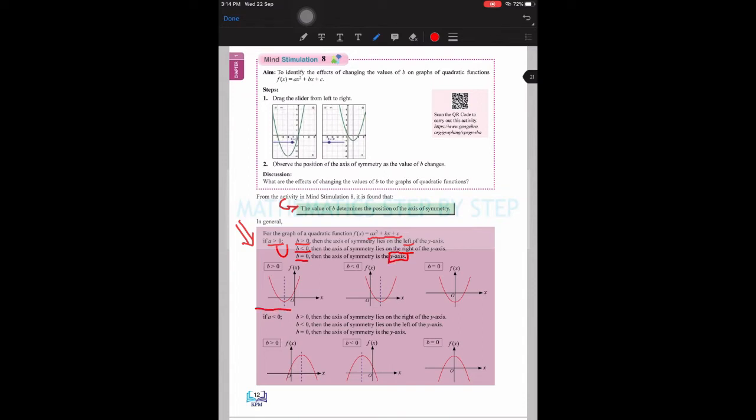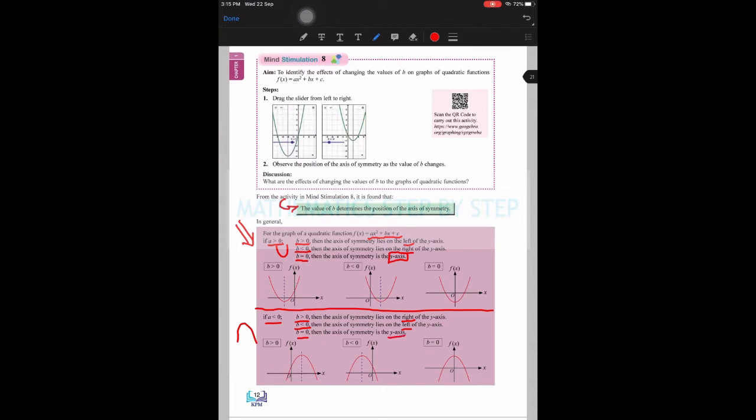So we can refer to here. And then for the case of a is less than 0, we know that it is an inverted smiley, okay? So again, if a is negative, b is positive, the axis of symmetry will be on the right hand side of the y-axis, okay? And if a is negative, b is negative, the axis of symmetry will be on the left of the y-axis, okay? If b equals 0, the axis of symmetry is the y-axis, okay?